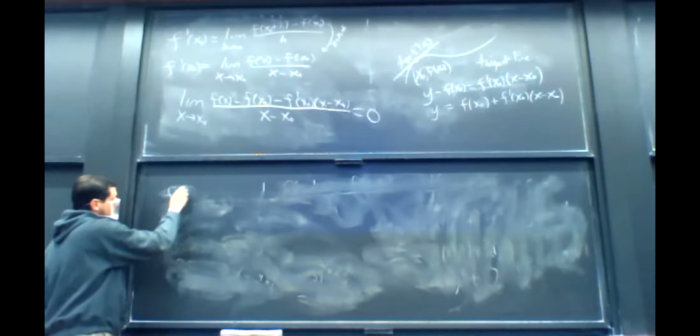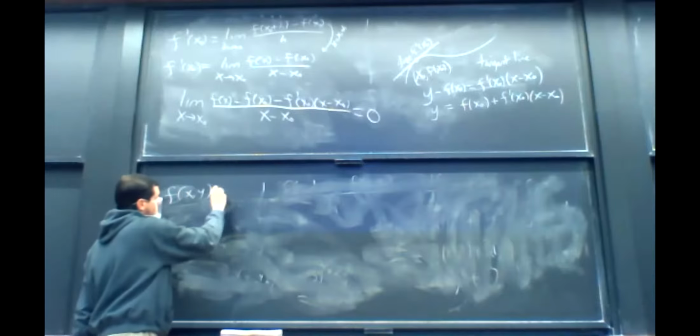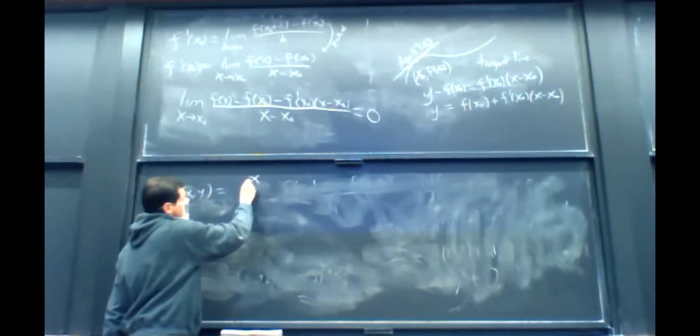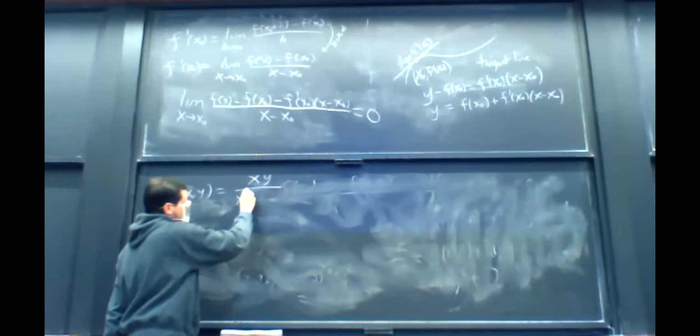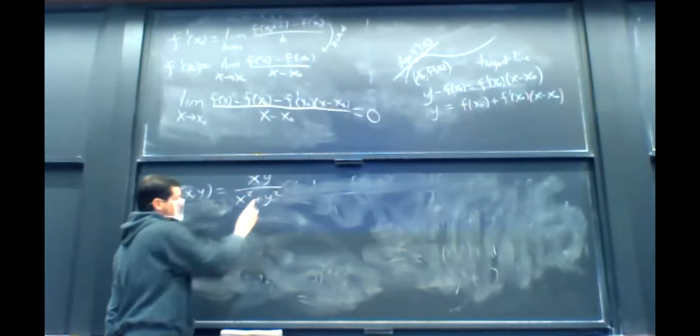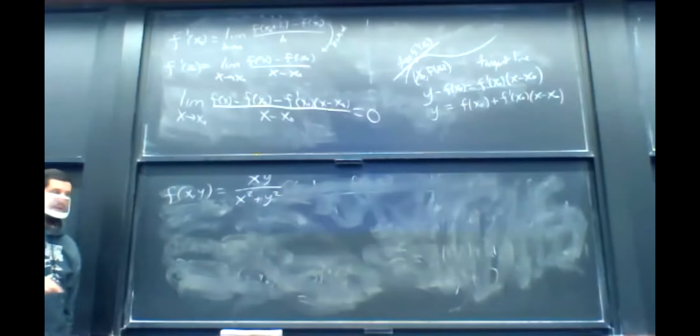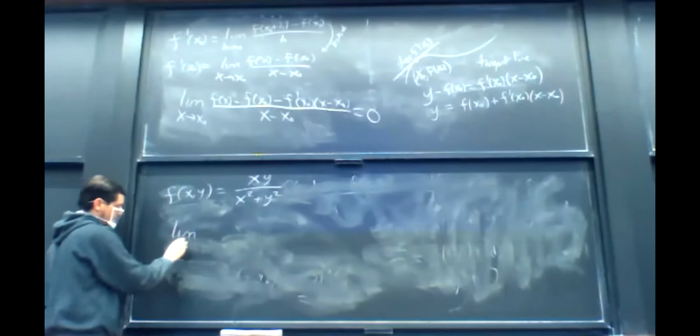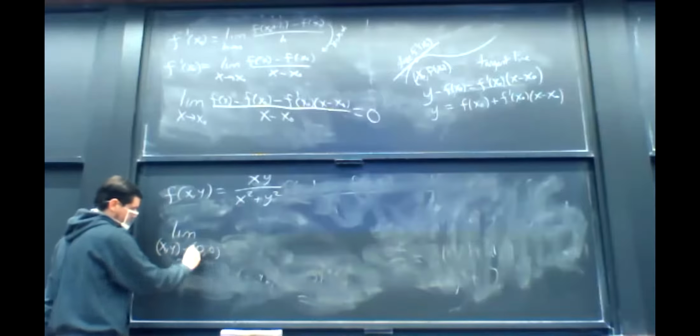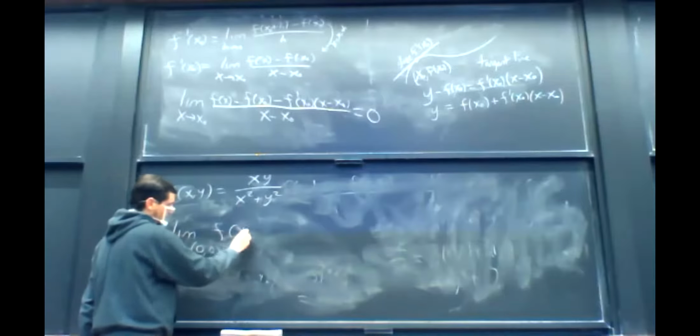So let's consider f of x, y equals xy divided by x squared plus y squared. And I want to calculate the limit as (x, y) goes to (0, 0) of f of x, y.